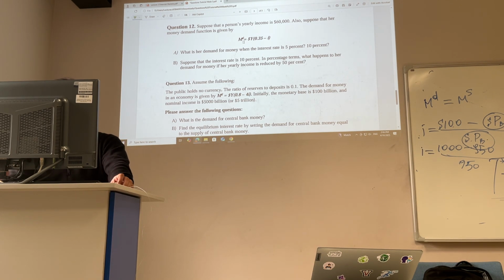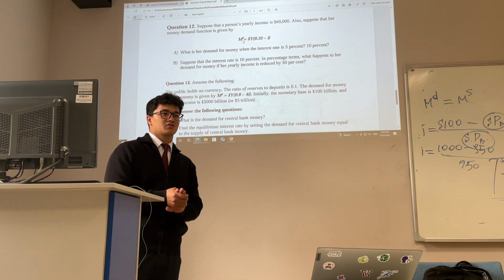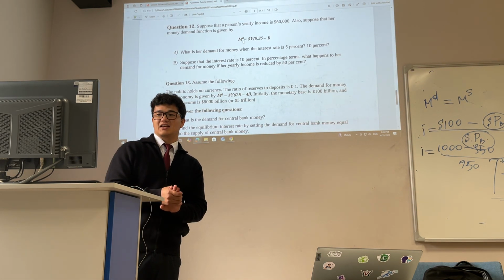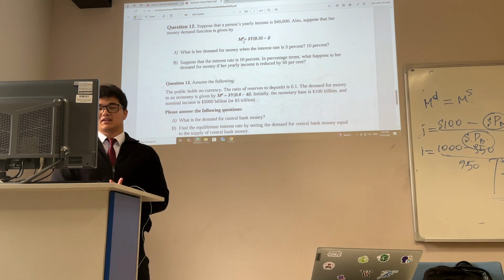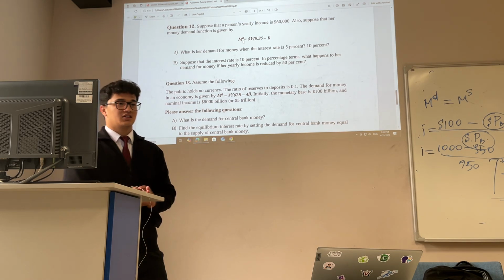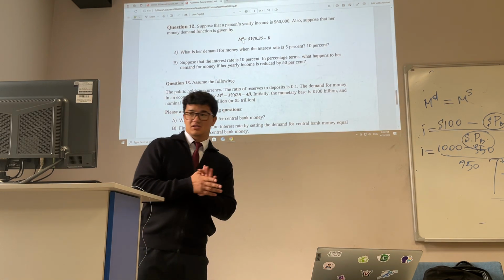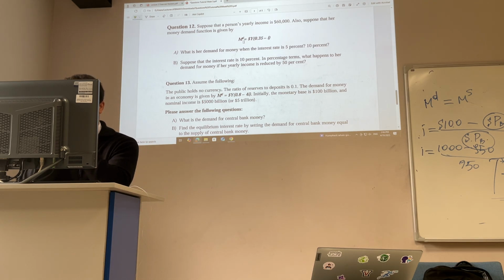Your demand for money is $18,000. So it means that you want to hold $18,000 in currency form. And you should say it in terms of percentage change. We also have not just 5%, we also have 10%. For 10% we have got 15,000, and then we have 7.5 also.